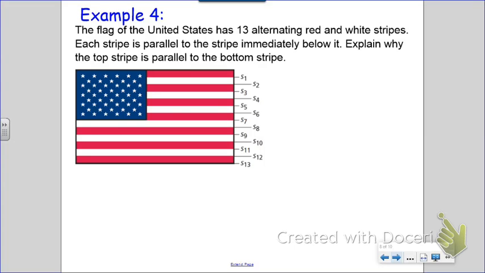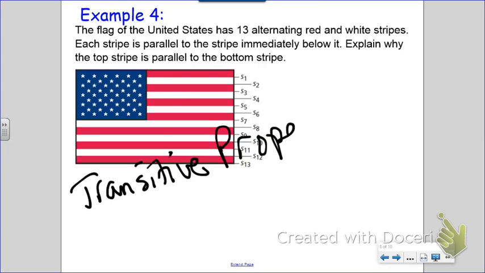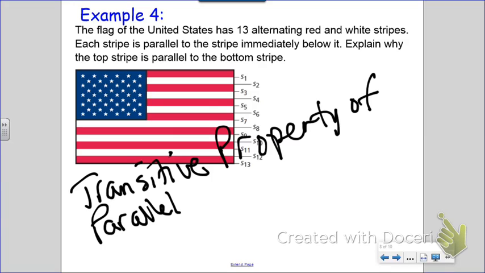Because each one is parallel to the next one, by the transitive property of parallel lines, if S1 is parallel to S2, and S2 is parallel to S3, S1 and S3 are parallel, and you can keep going down the line, so eventually you get S1 is parallel to S13.